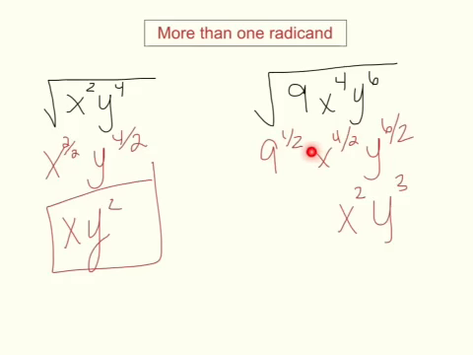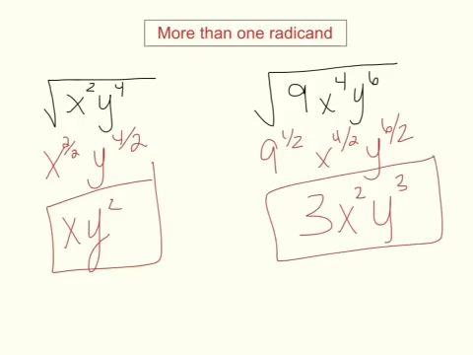But if we're simplifying, then we would put 3. This is okay in rational form, but when we simplify, our exponents become smaller. So when we simplify the square root of 9, which is 9 to the 1/2, it's 3. So the square root of 9, x to the 4th, y to the 6th, is 3x squared, y cubed.